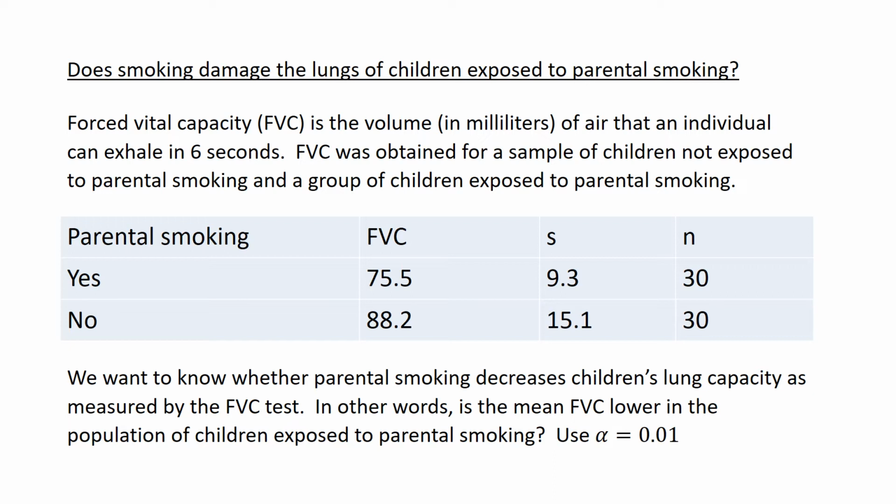So these are things that can help tell us that we are comparing the means for two independent populations. We have something that we are measuring in some units that is not a percent or a proportion of the entire group.